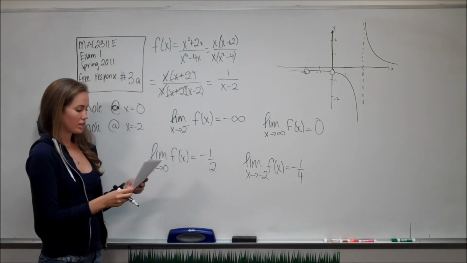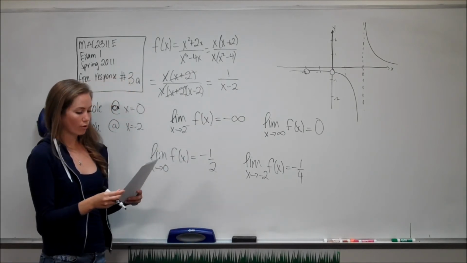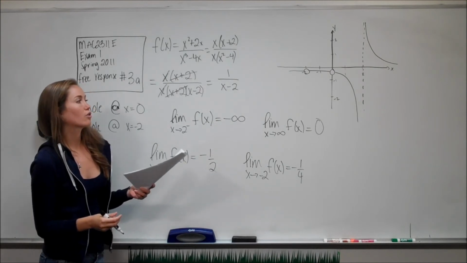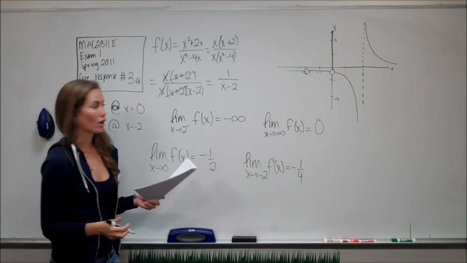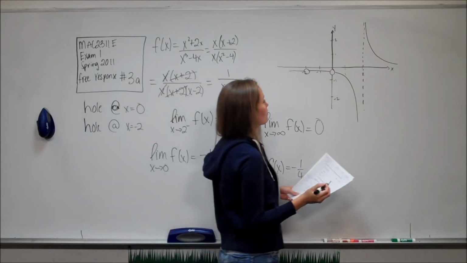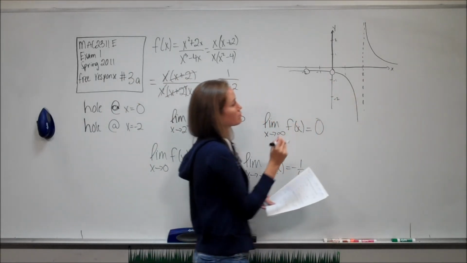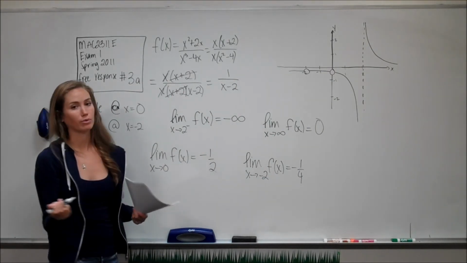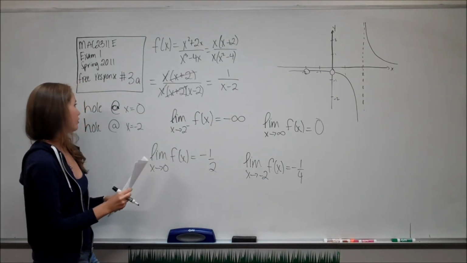Our last question is, what horizontal asymptote does the graph of f of x have? Looking at the graph, our horizontal asymptote is y equals 0, because the limit as x approaches positive and negative infinity of our function is 0. And that is it for 3a.